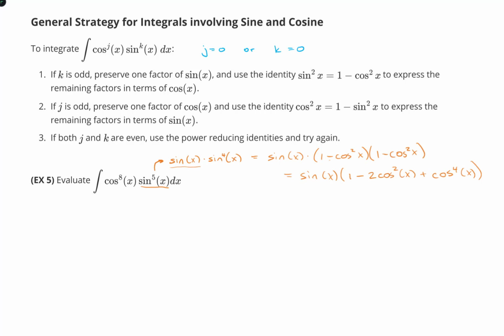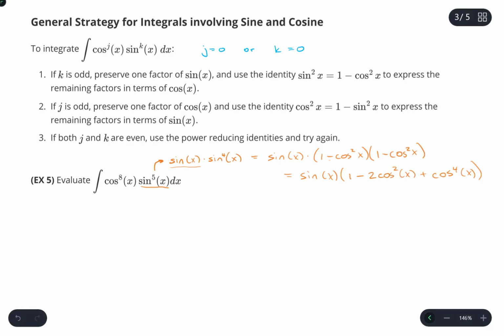Now, it may look like we have to start using the power reducing formula because we have these even powers of cosine. But we don't, because the thing is, we have this remaining factor of sine that we can use for u substitution. It's only when there are only even factors that I have to use the power reducing.